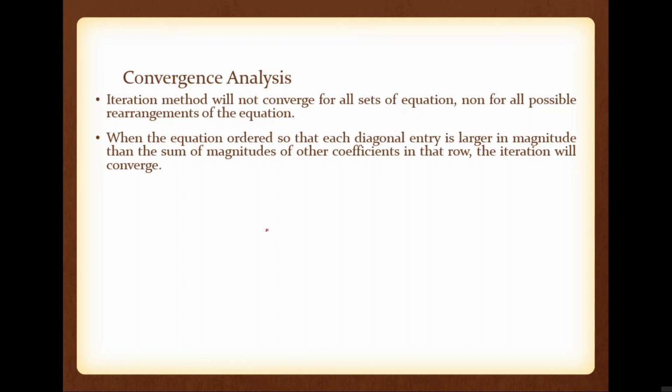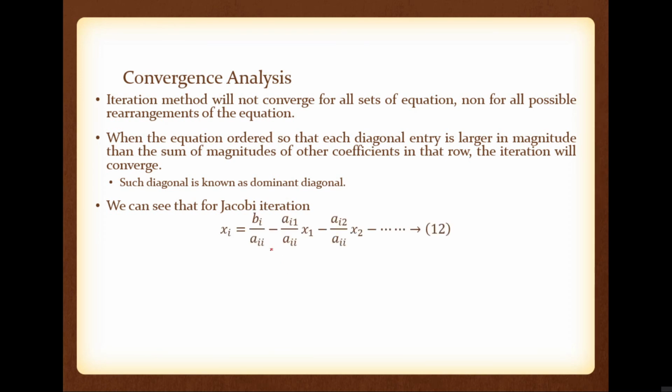In some situations we can't do that, but try to at least swap the equations by comparing the x1 coefficient, then the x2 coefficient, etc. If you are checking the Jacobi equation, I told you xi is equal to bi divided by aii minus ai1 divided by aii into x1 minus ai2 divided by aii x2 minus etc. This one is the ith equation.